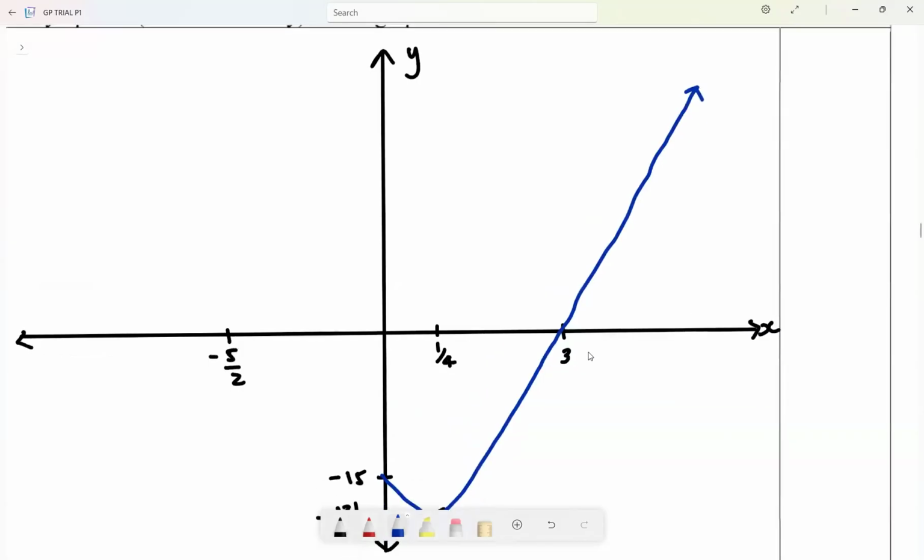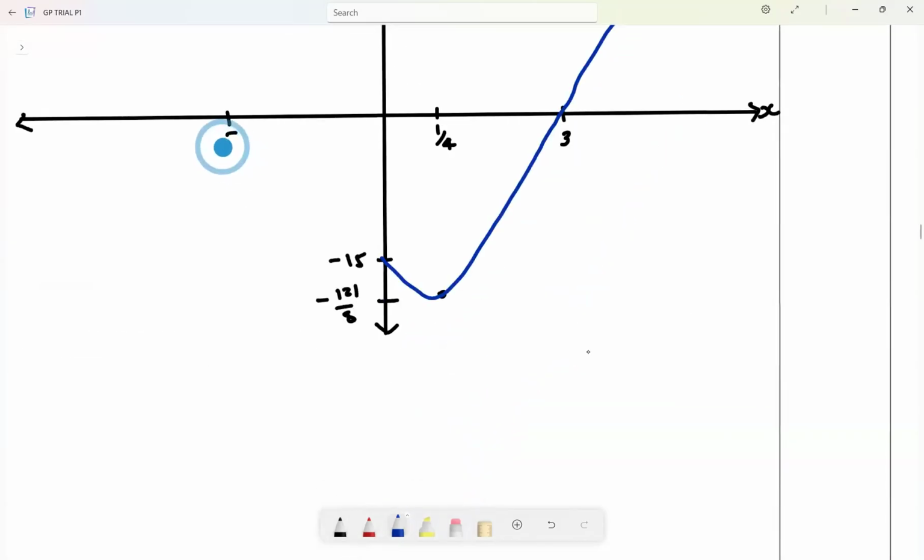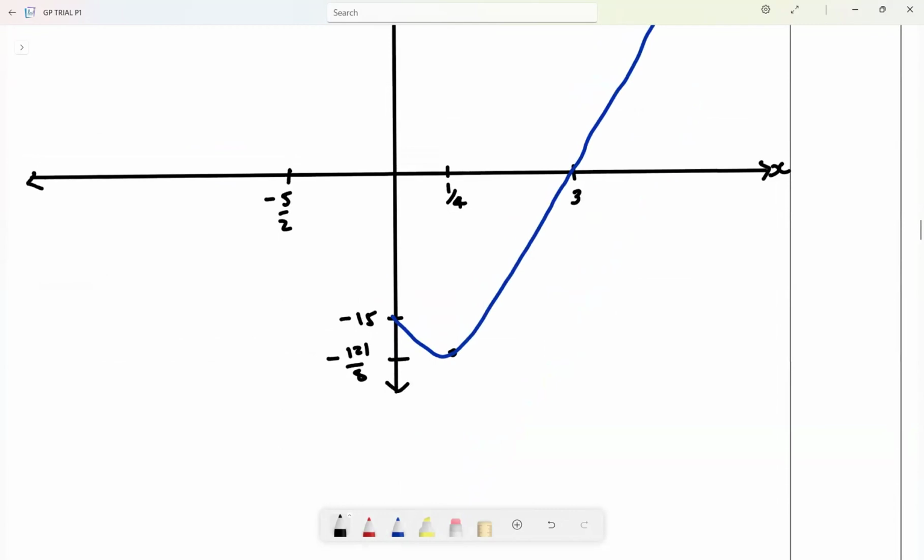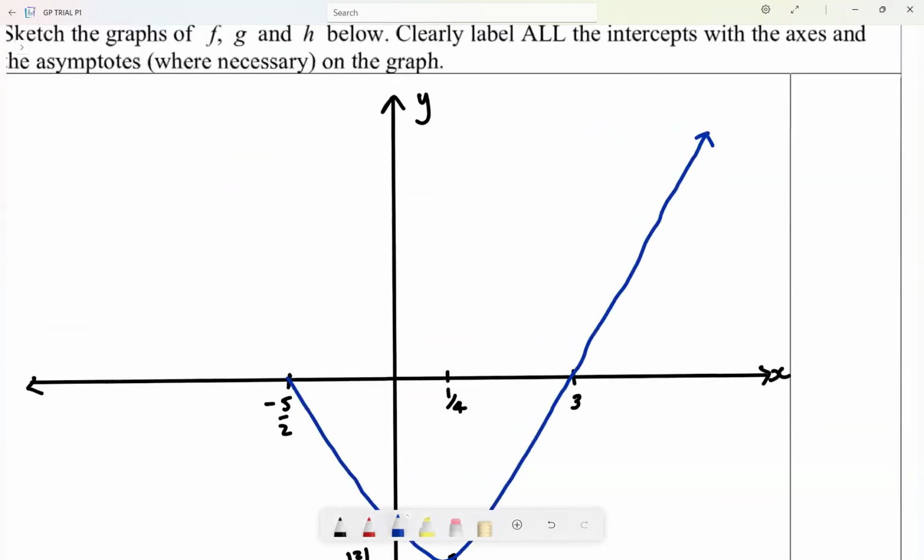Not bad. Goes all the way. So my graph should come down there, and then go all the way up. Okay, and then I'll just label this as my graph of f.